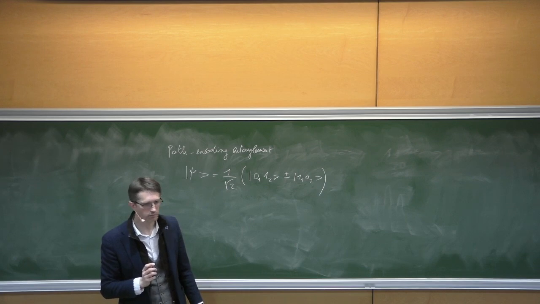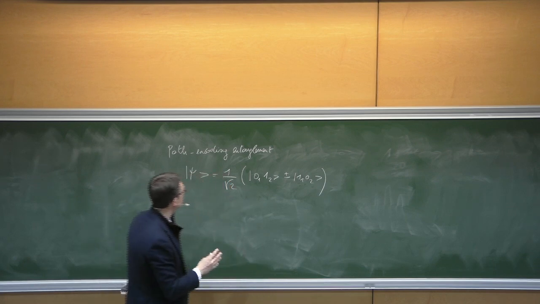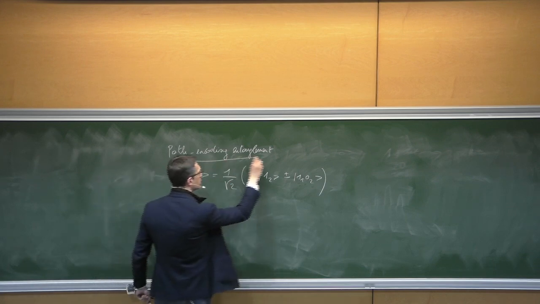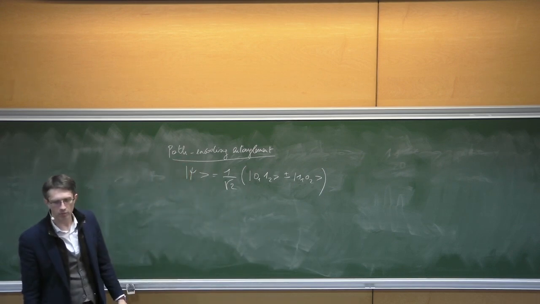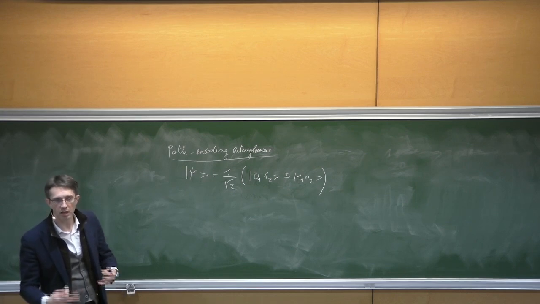Okay. So this is what we can call path encoding entanglement, and it is used quite a lot. I'll show you some examples. It's used quite a lot when using photons as qubits.